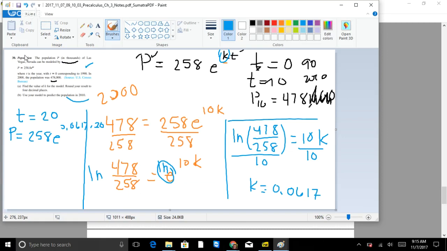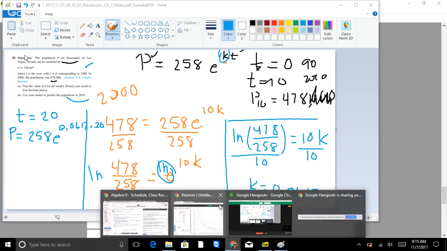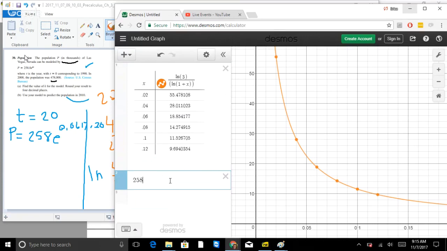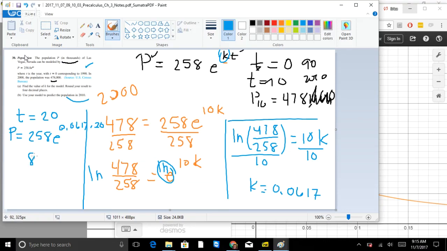All right, so when I plug this into Desmos, 258 times e to the 20 times 0.0617, it looks like the population in 2010 would be 886, which is 886,000 would be my population.